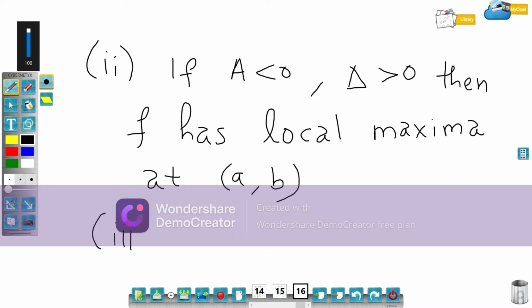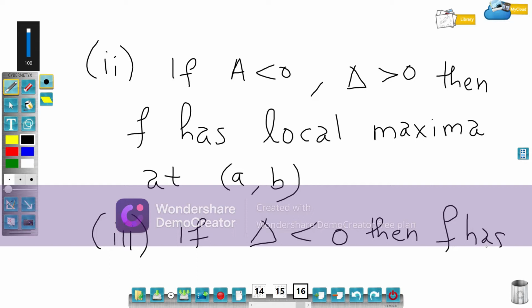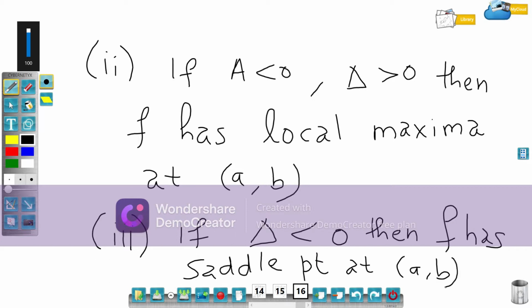And third case, if delta is less than 0, then f has a saddle point at (a, b). And there is one more condition, the fourth one, so let me write down fourth here.